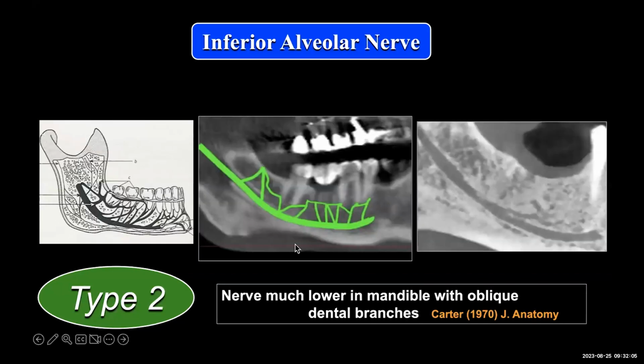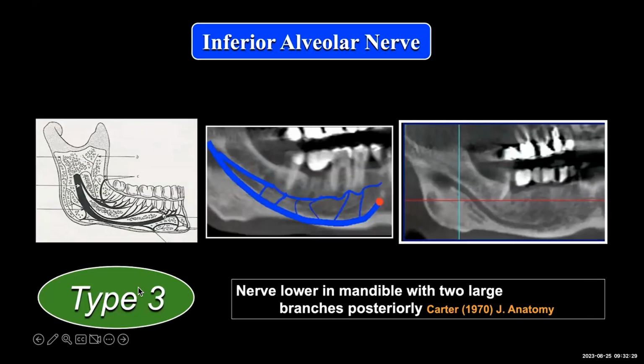A type 2 nerve is the most common nerve, and usually it's a little bit below the halfway mark. If you would evaluate the mandible vertically in thirds, it's usually in the lower third, and this is the most common with branches off to the teeth. So type 2 is the most common.